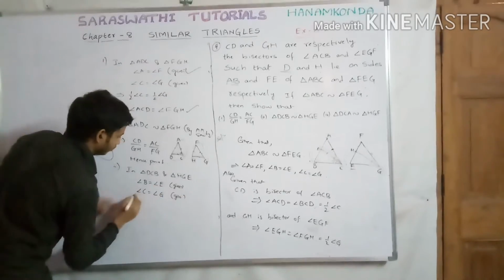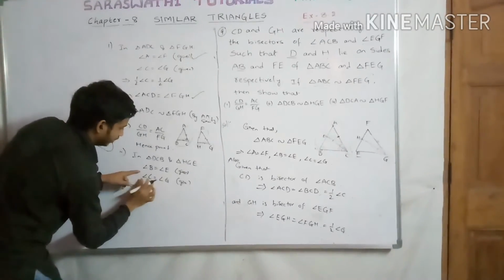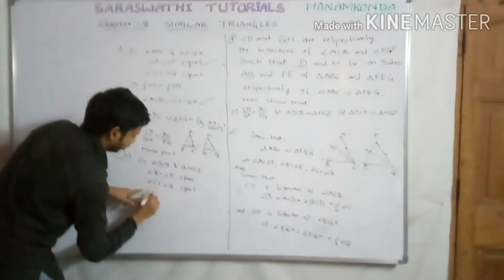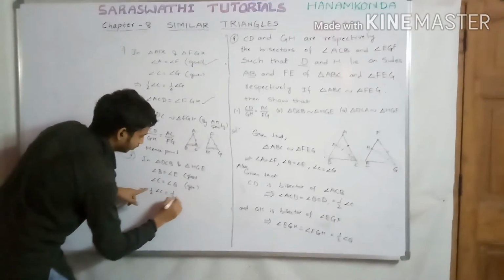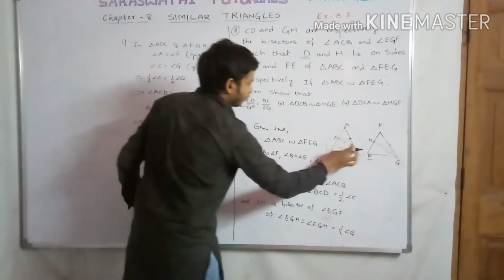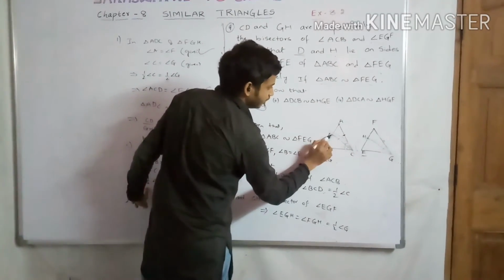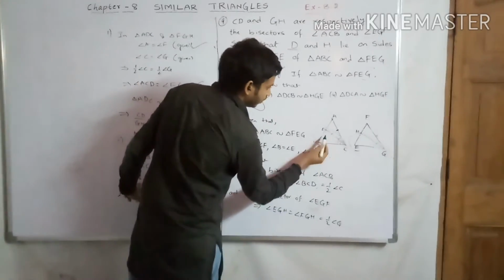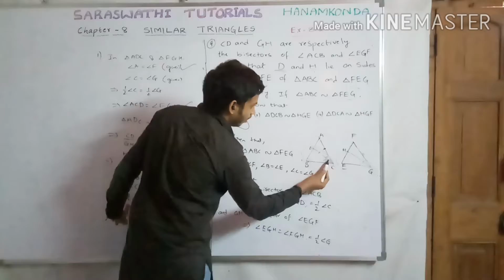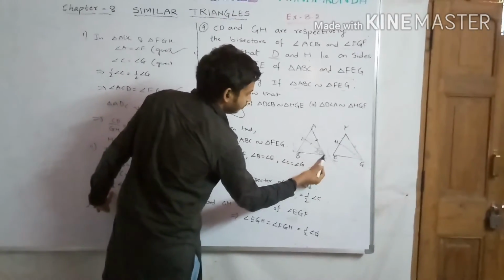If you multiply angle C and angle G, both sides, with 1 by 2, left side becomes 1 by 2 angle C, right side becomes 1 by 2 angle G. So half of angle C we can write as ACD or BCD. Here we consider the triangle BCD, so we write half of angle C as angle BCD.